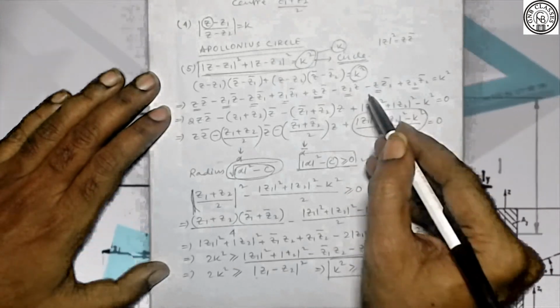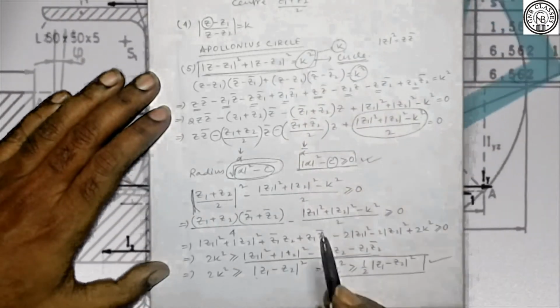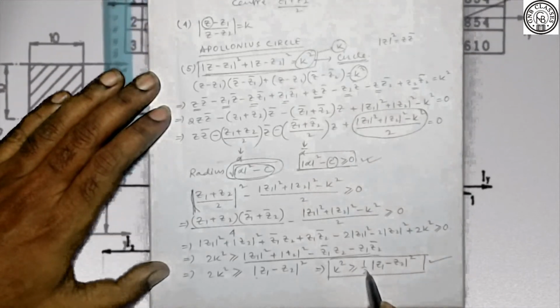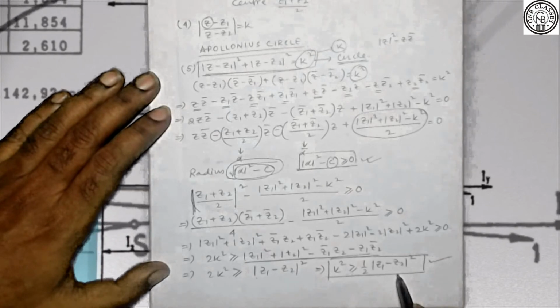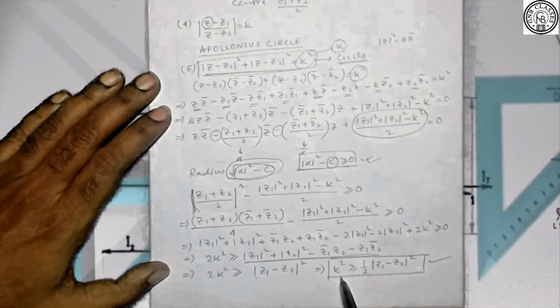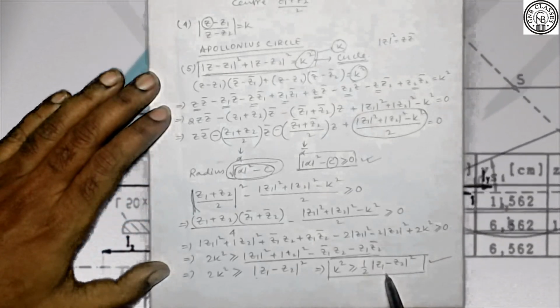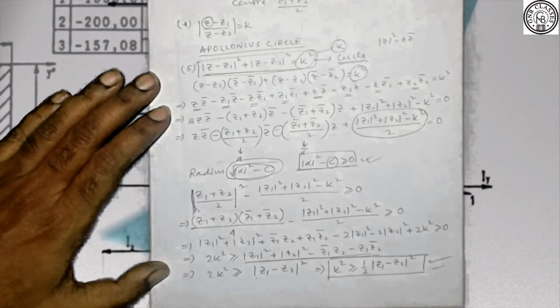I have taken it k square. So we got that k square is greater than equals to half of mod z1 minus z2 whole square. That is the condition. But if it is k, then also there is no problem. In that case, your k will be greater than equals to half of mod of z1 minus z2 whole square. It's all same. It's clear?